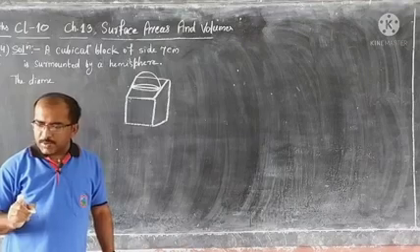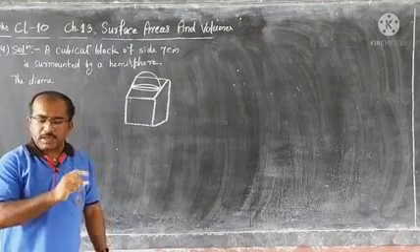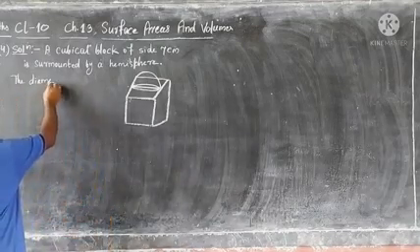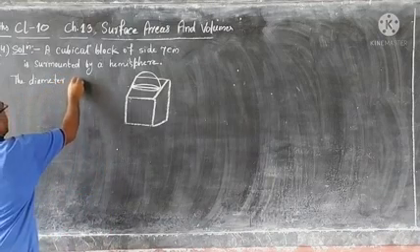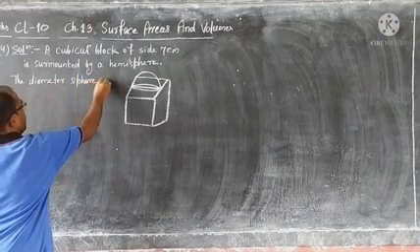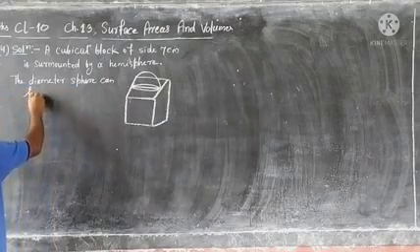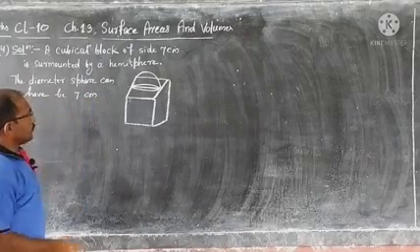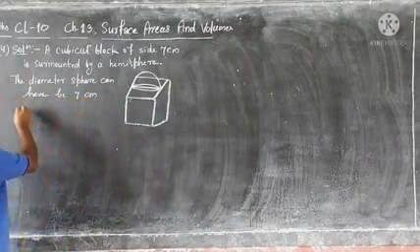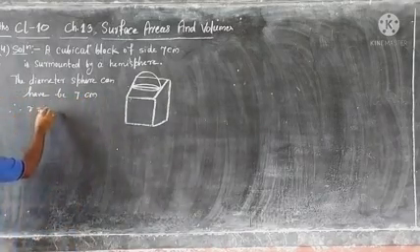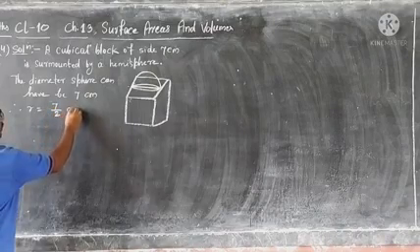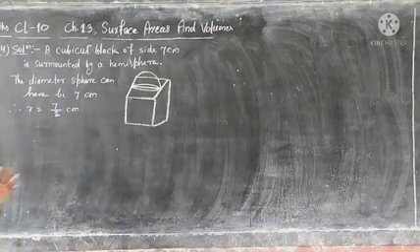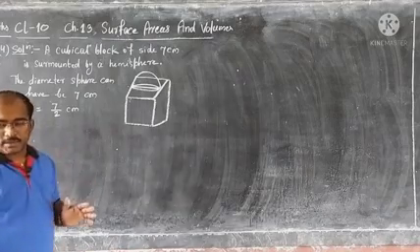What is the greatest diameter the hemisphere can have? The diameter can be 7 centimeter. Diameter of the hemispherical portion is 7, therefore, radius will be 7 by 2 centimeter. Okay. So, we have reached from the diameter to the radius.